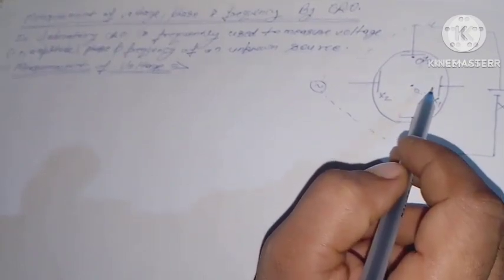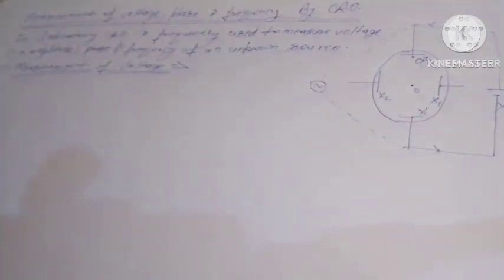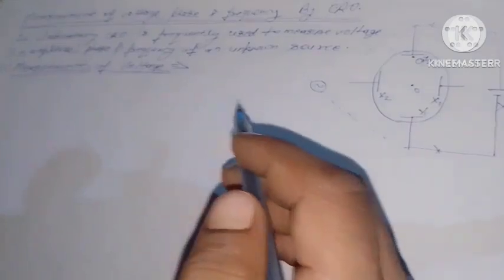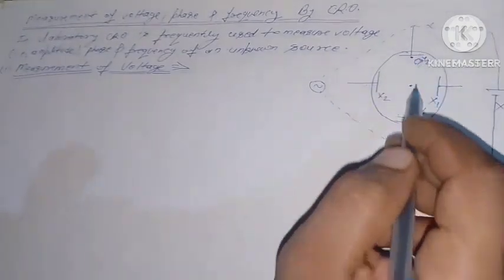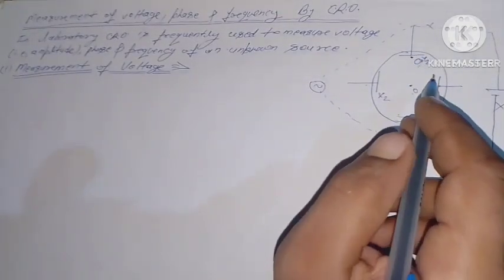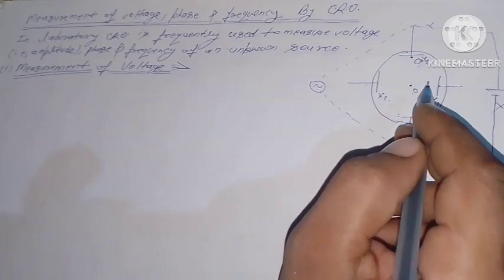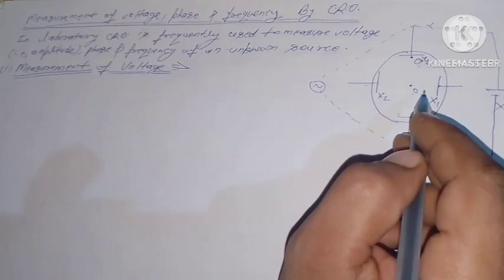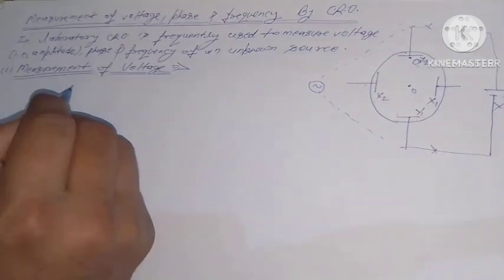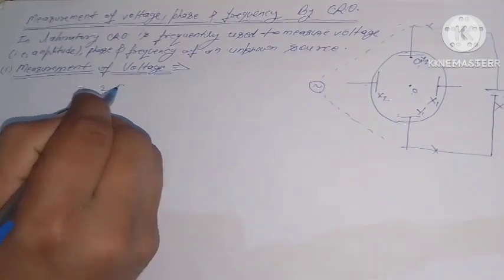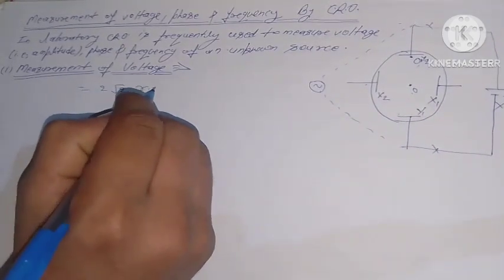But due to persistence of vision, a line is traced on the screen. The length of the line corresponds to the peak value of the AC voltage and thus gives the RMS voltage as peak divided by root 2.